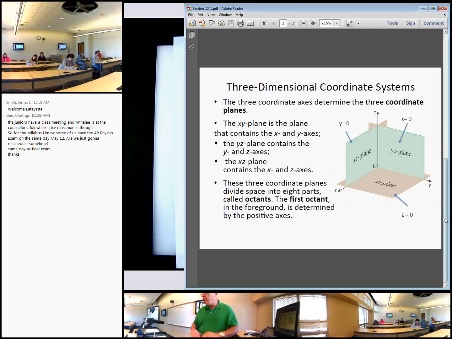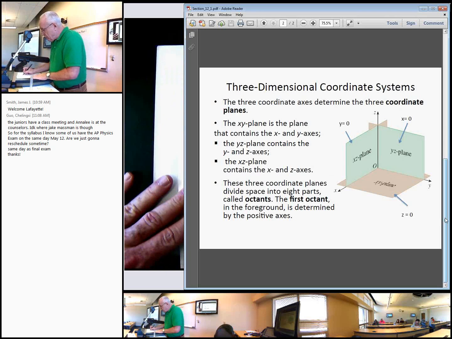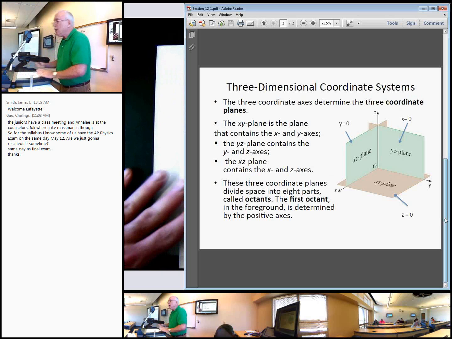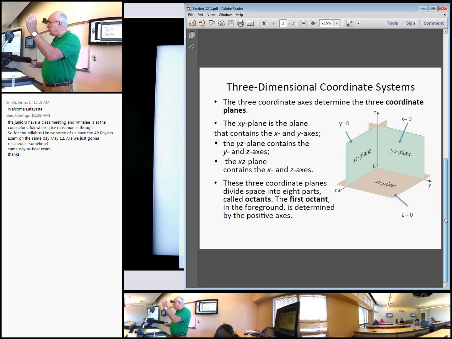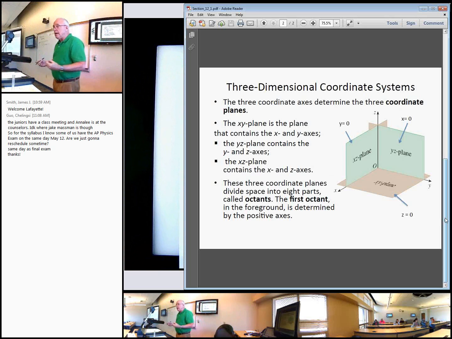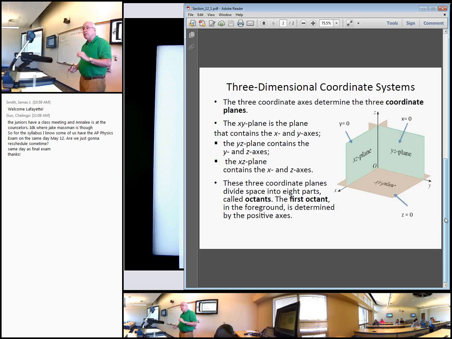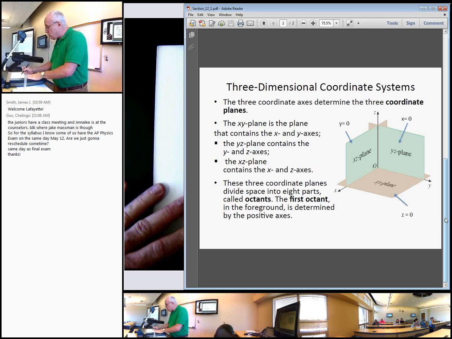Now, in the two-dimensional system that we use, we had what is called the XY plane. So in the X and Y direction, we had a point that had two coordinates. They stretched in either direction, and they formed what's called a plane. Well, here with the X, Y, and Z, we actually now have three coordinate planes. We have a plane for the XY axes, just like we had before.